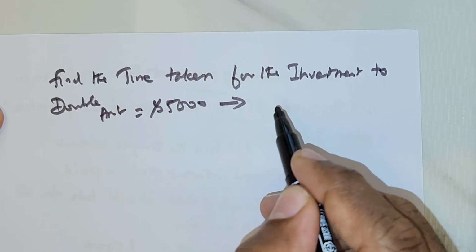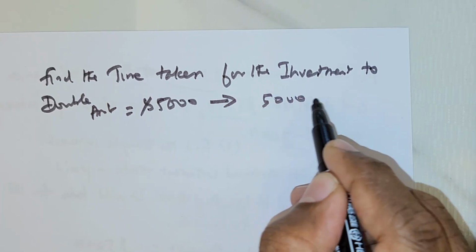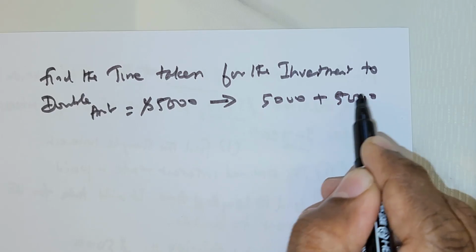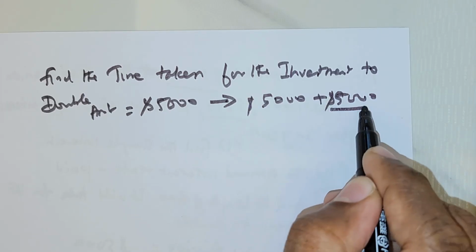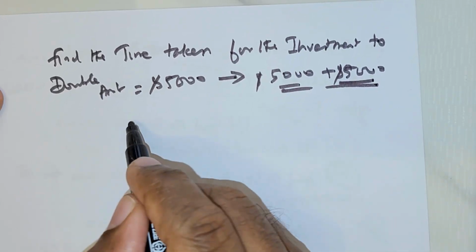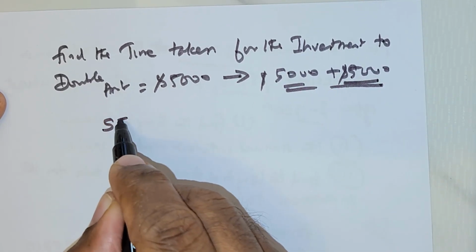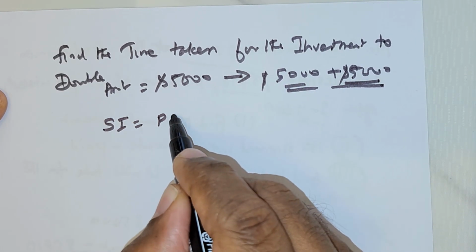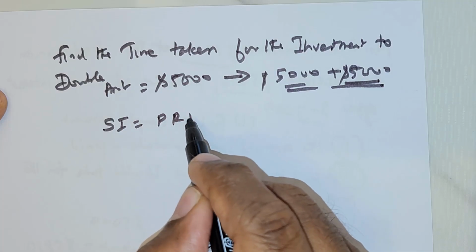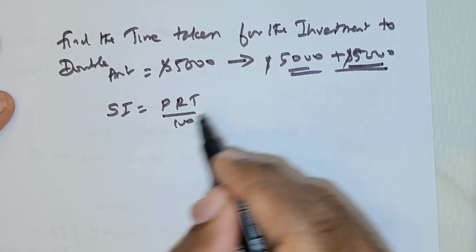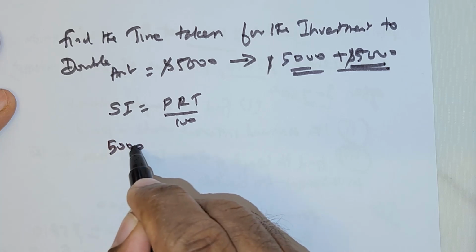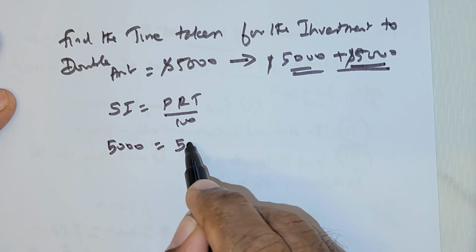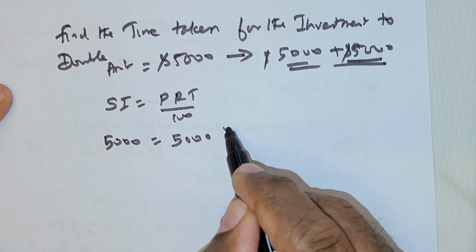Now to double means 5,000 added to 5,000, so this is going to be the interest, right? If I use the formula P R T over 100, I need to get a simple interest of 5,000 for the principal 5,000.